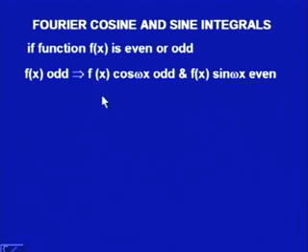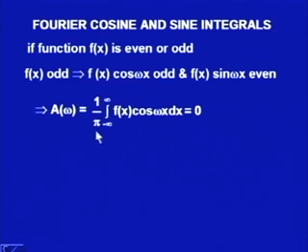What it says is, if the function is odd, then A(ω) = 1/π ∫ from −∞ to +∞ of f(x) cos ωx dx will always be 0, because the integral is from minus infinity to plus infinity. Remember that in the definite integral property it is actually from −a to +a. Here we are taking it from −∞ to +∞ as a limit, and we are assuming that all those integrals exist, which is why we take it to be 0.